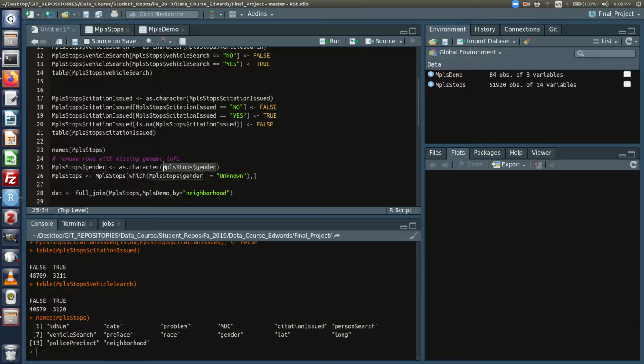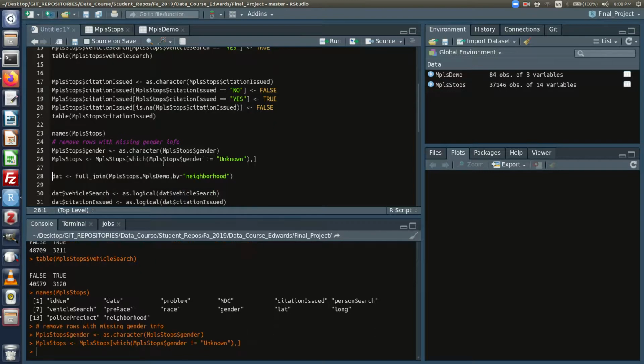I'm curious about gender, whether that influences whether citations are issued or vehicles are searched. So I'm going to get rid of all the unknowns to clean up my chart at the end. So we found the ones for which gender is not unknown, and we kept those.